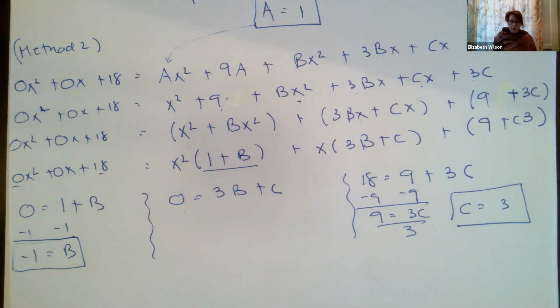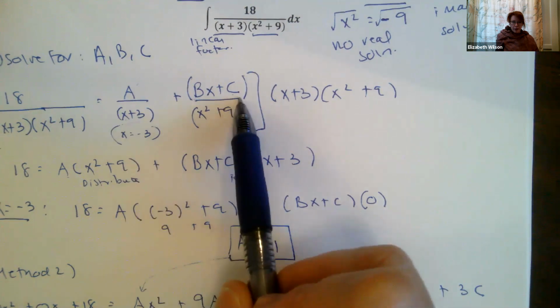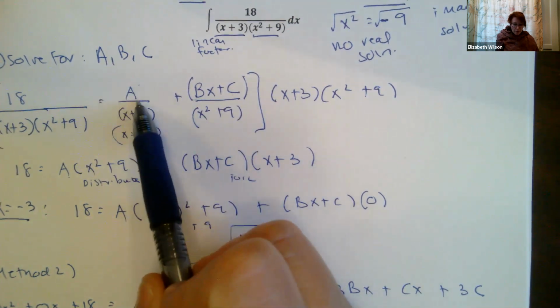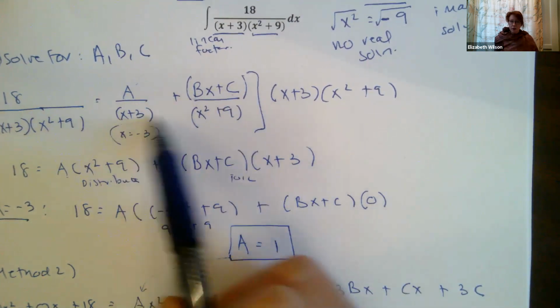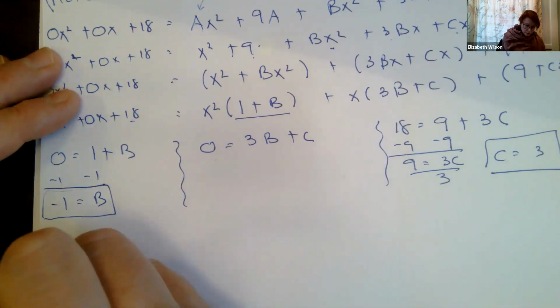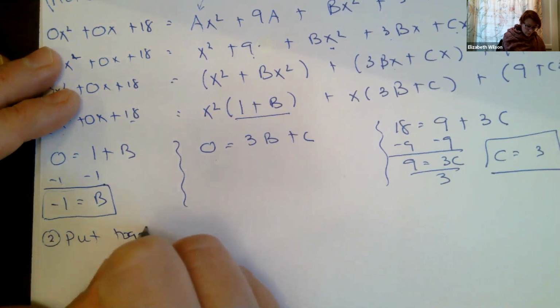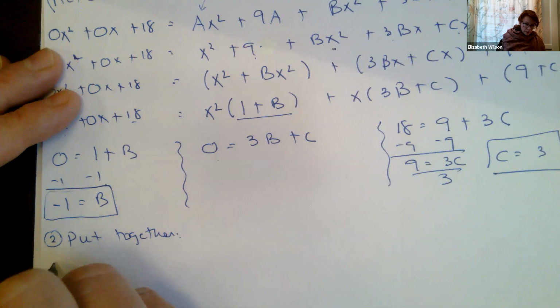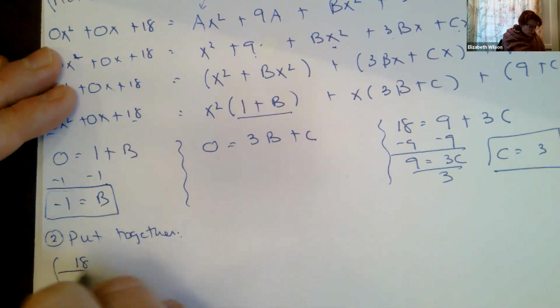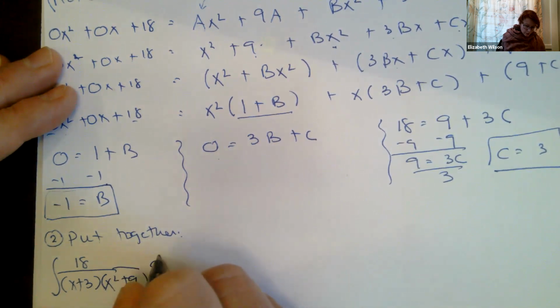Okay. Remember, all this was just set up so that I could solve for my integral and get this spot right here. So I'm going to start plugging back in my values for a, b, and c into here, and then we're going to work it from there. Okay, so this is our next step, which is step 2, putting it together. So let's remind ourselves we were doing this. This was 18 divided by x plus 3 times x squared plus 9 dx equals, right?